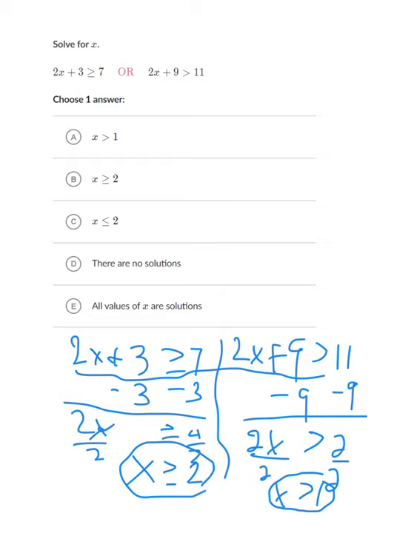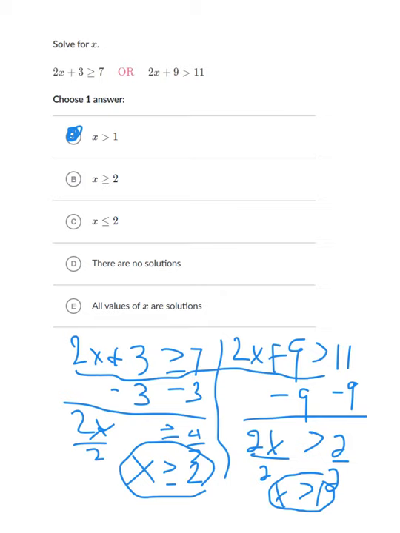Okay, when I use the word and, the solution has to work in both inequalities. But when I use the word or, it only has to work in one inequality. So it looks like the answer choice here is going to be A.